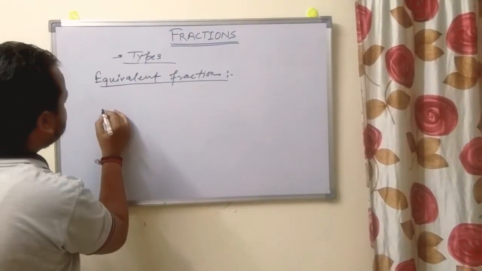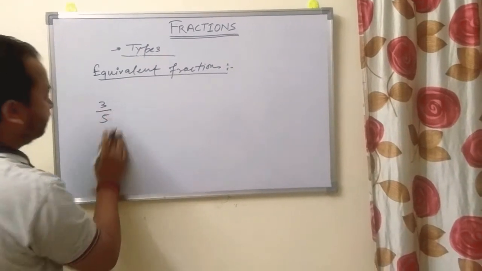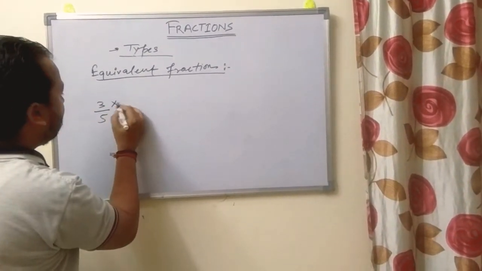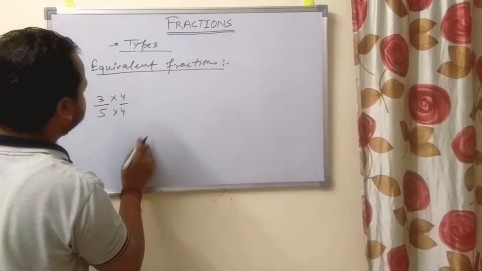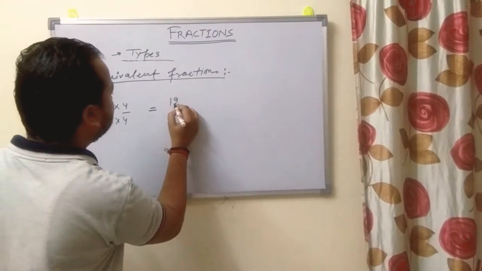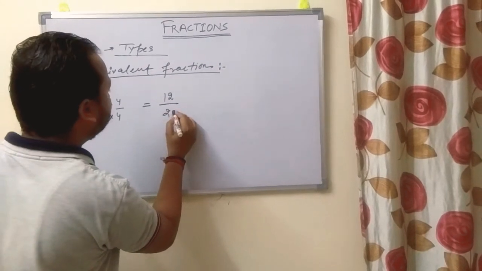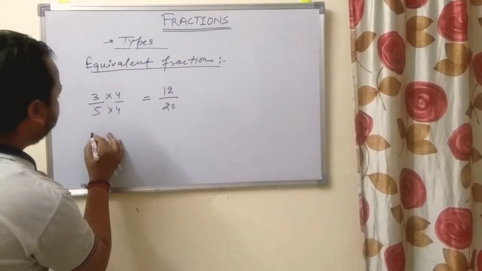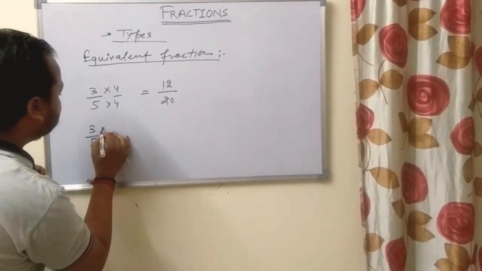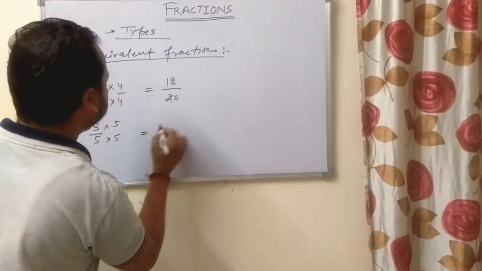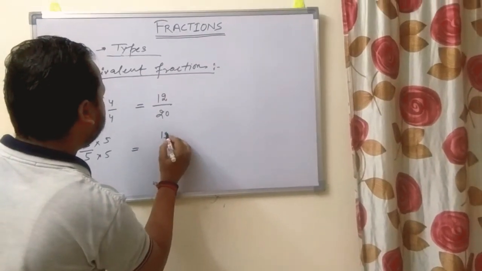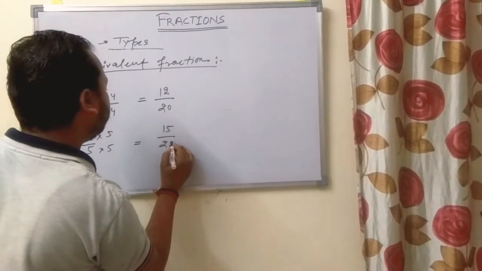Suppose a fraction is given as 3 by 5, and if we multiply by 4 in both numerator and denominator, that equals 12 by 20, or if we multiply by 5 in both numerator and denominator, it can be written as 15 upon 25.